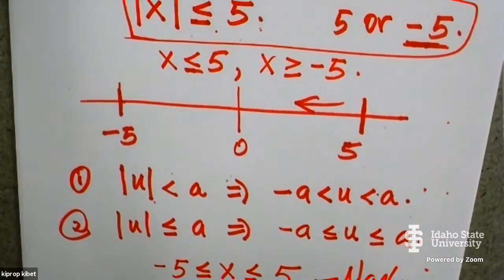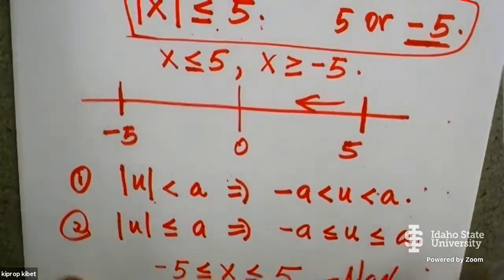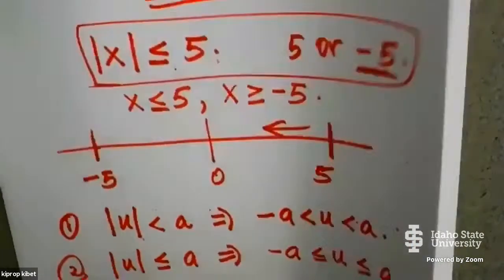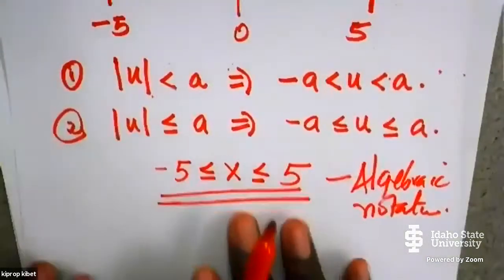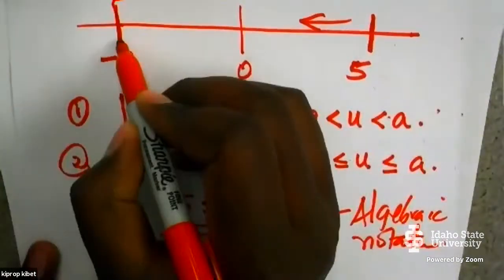Now, what will be our interval notation? Bracket minus 5, comma 5, bracket. Yes. So our interval notation, because this is the absolute value, they're within this range.